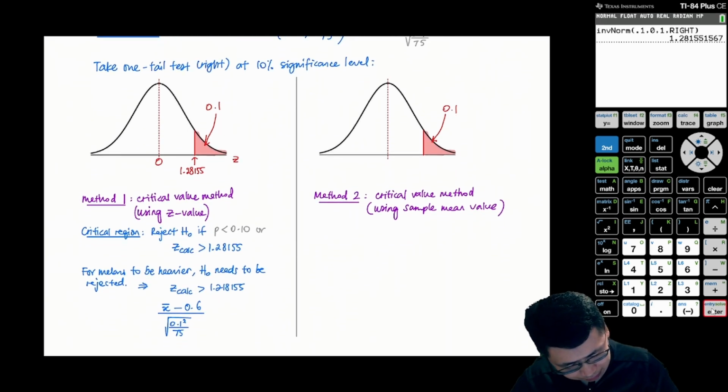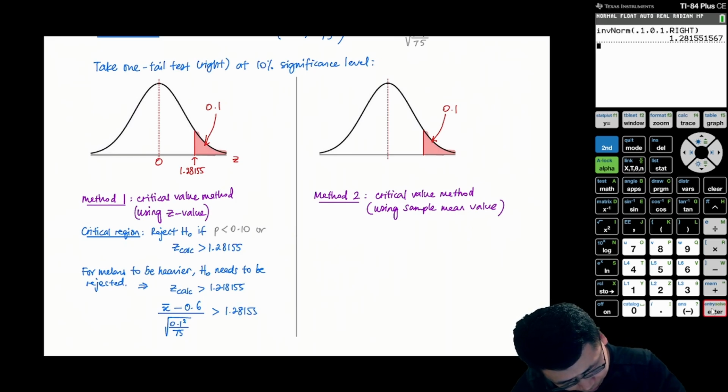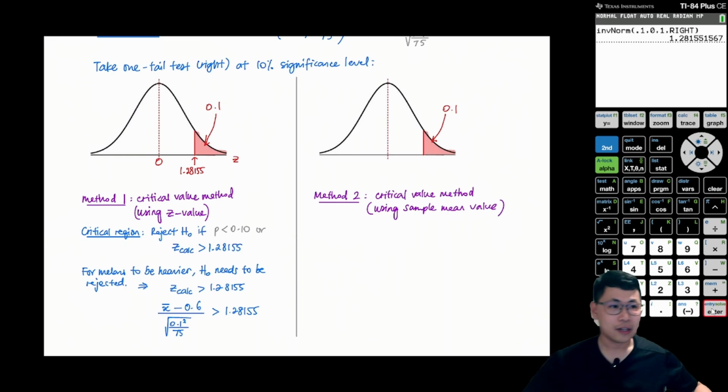Okay, so something like this. This one over here should be greater than 1.28155. So then the remainder is just to do some algebra work.